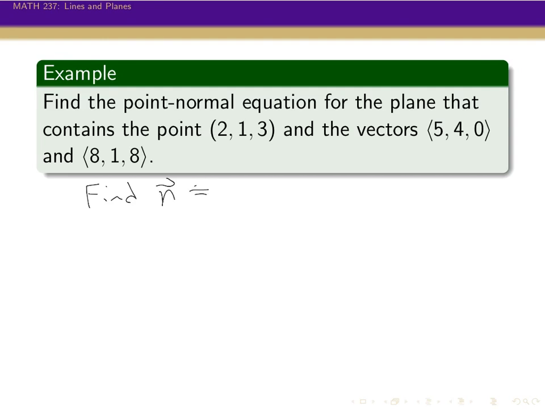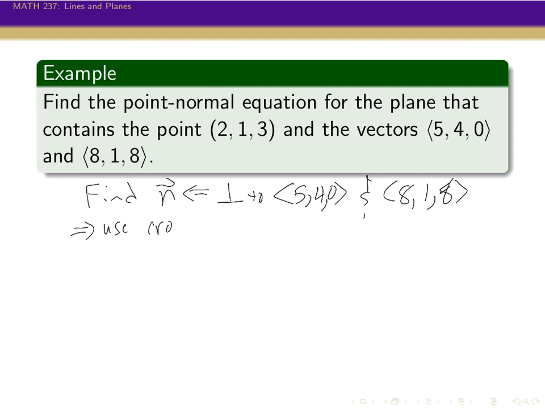Well, it's going to be perpendicular to these two vectors. So, given two vectors, how do you find a vector that's perpendicular to both of them? Well, we went over this recently. We're going to use the cross product. So we can set n to be equal to the cross product of these two.